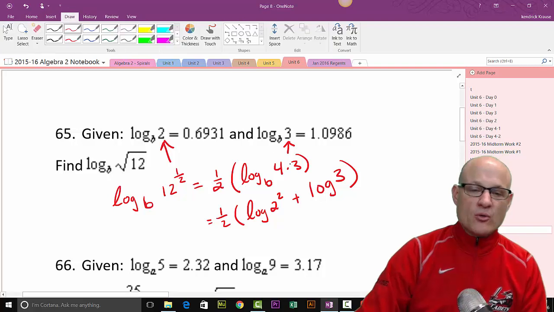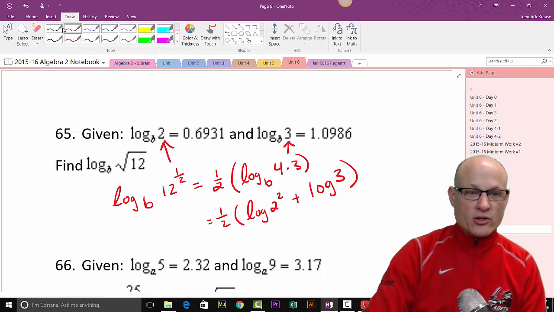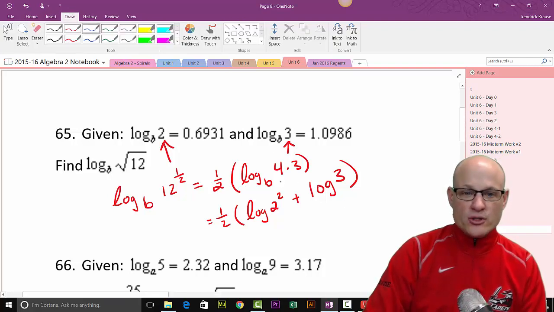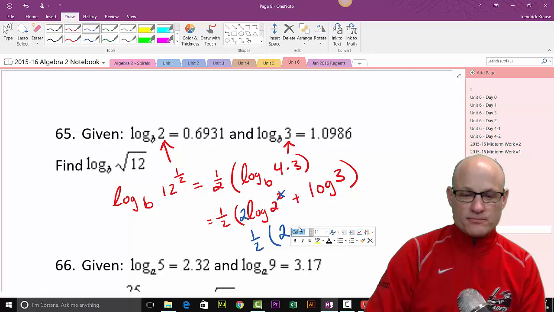Now you have to remember, why did I choose 2 squared? Because I wanted it to look like 2's. So this 2 comes out front.